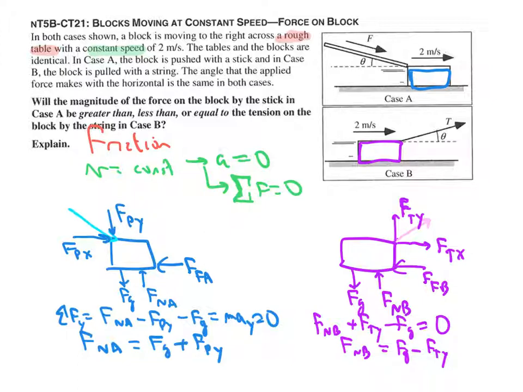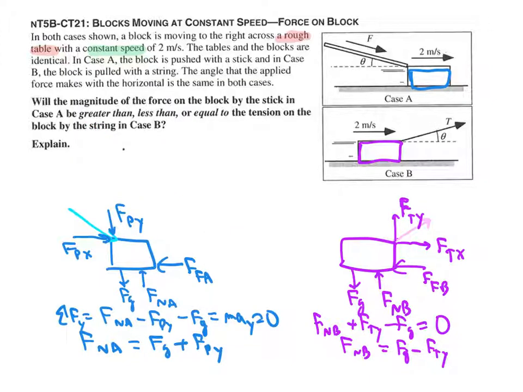Why is that important? Well, it says that the normal force is lesser in case B, right? The normal force is less here than it is here. But if the normal force is less here than it is here, then the frictional force is also less because of our relation between frictional forces and normal forces.